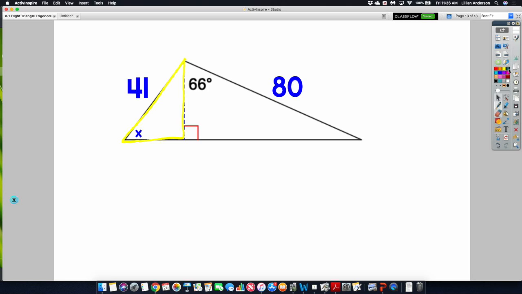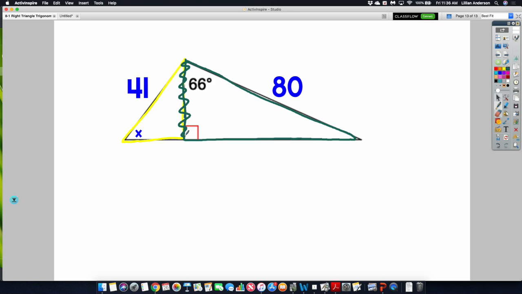So, in order to find x in that triangle, we're going to need to look at this green triangle that has two pieces of information. It has the 66 degrees and it has the 80 side length. And again, you see how the yellow triangle and the green triangle share this side right here? Well, that's what I need to do.